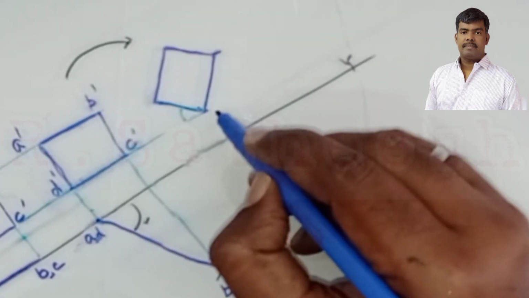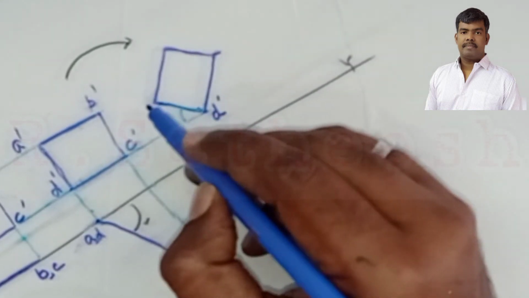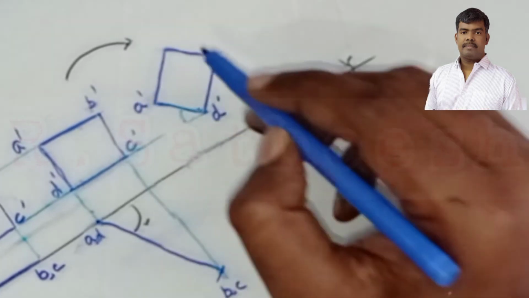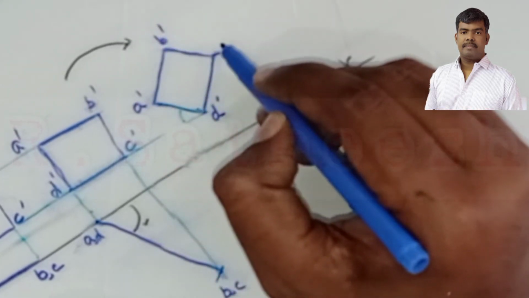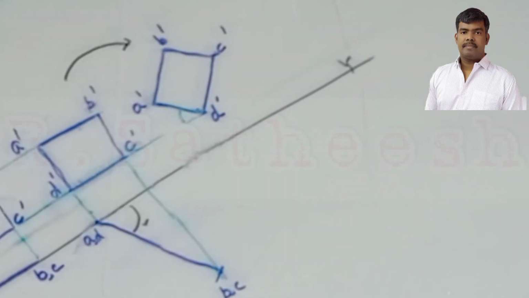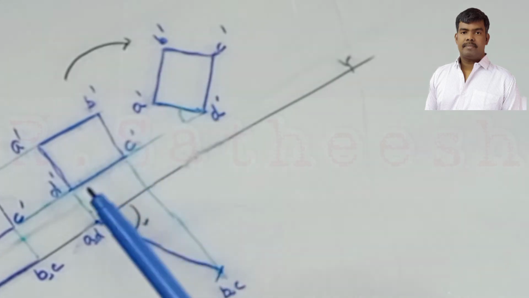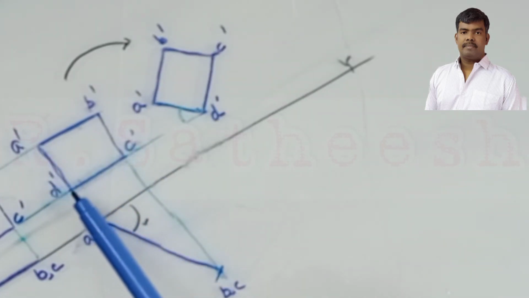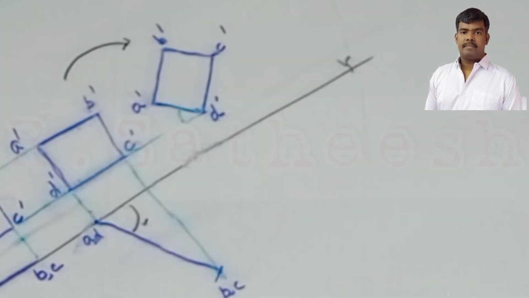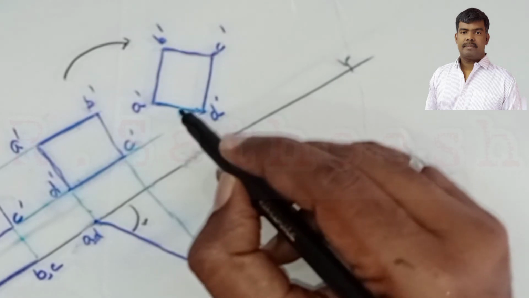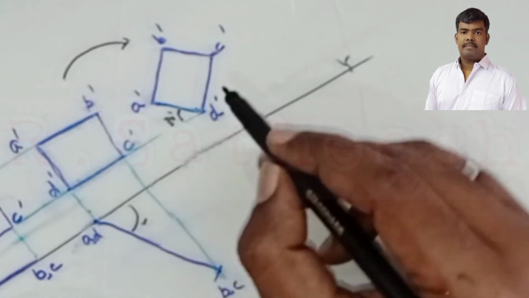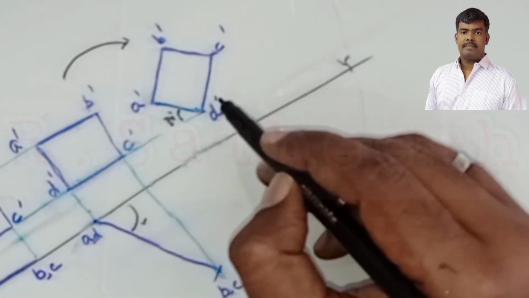So this end is D dash, A dash, B dash, C dash. Clear? These two diagrams are the same shape with only one difference: here AD is perpendicular to the VP, and here AD is inclined 30 degrees to the VP. So this angle is 30 degrees, and this one is definitely 60.